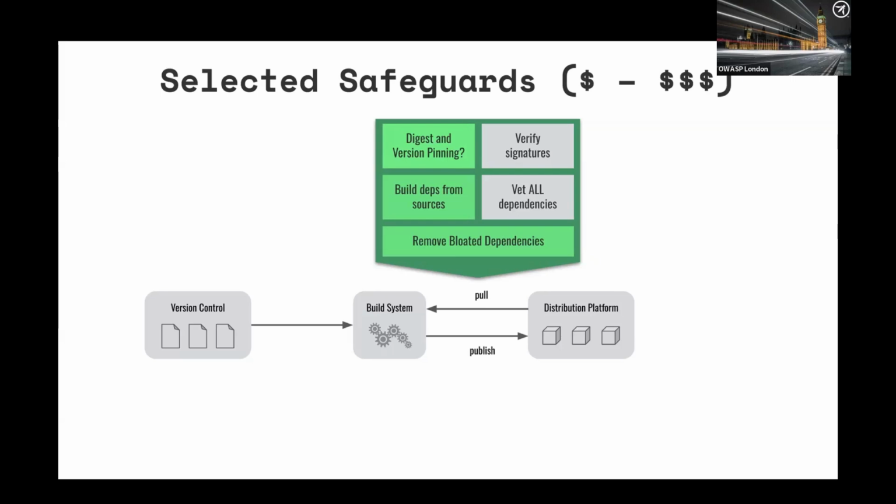There was recently a research paper that I didn't put in the references here. Maybe I can do this before I share the slides. There was a study on NPM dependencies asking the question, pinning or not, what is better?